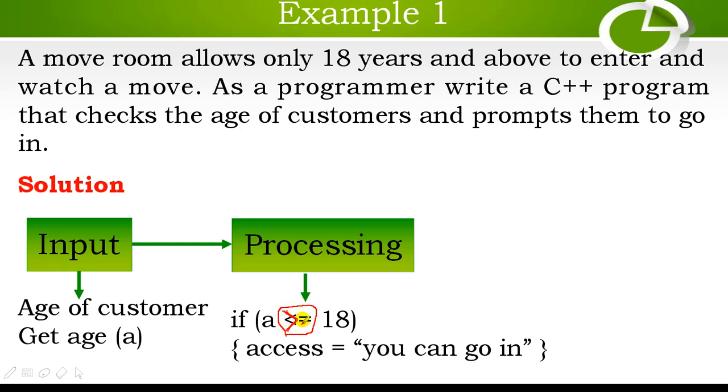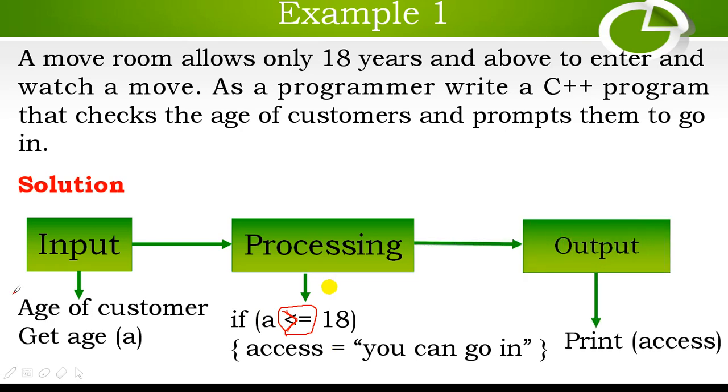If you are confused with these comparators, then please go back and watch our previous videos. So we print the output here. We take the input, which is the age of the person, to the processing side. The process is to check whether the age is greater than or equal to 18, and if it is so, you set access to you can go in, and then we print access to the person to see.